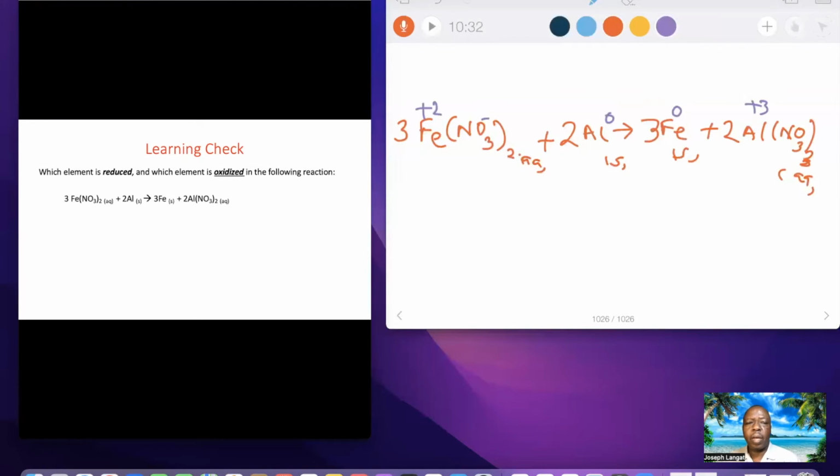So if I look at what is happening on the reactant side and what is happening on the product side, iron is moving from +2 to +3. So this is reduced.